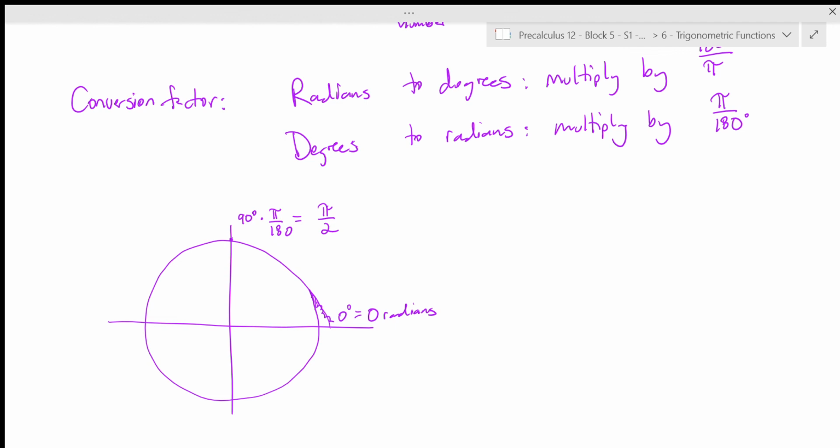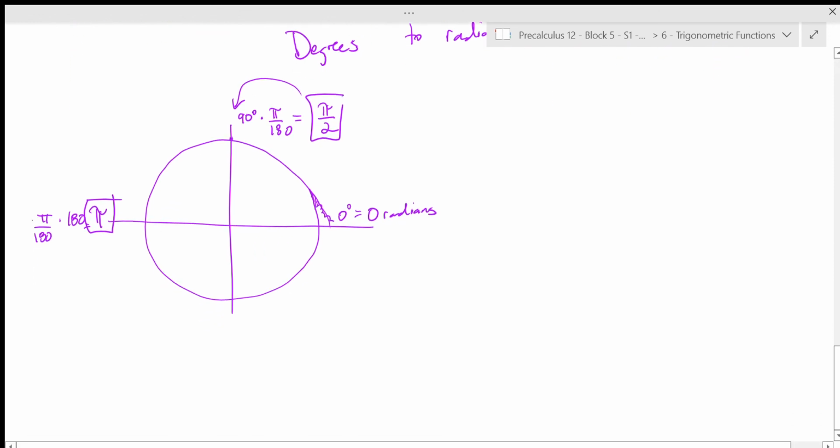So a 90-degree angle is pi over 2 right here. Okay, our 180-degree angle, 180 times pi over 180, is going to give us pi. So pi radians is our 180-degree angle.